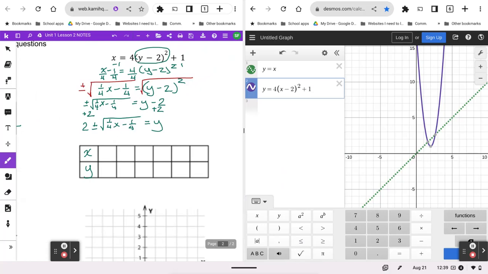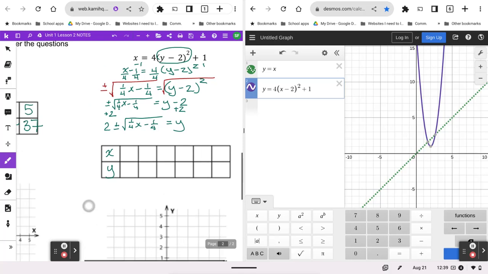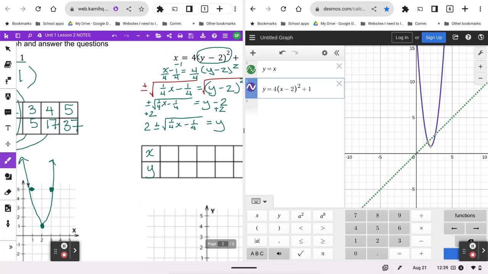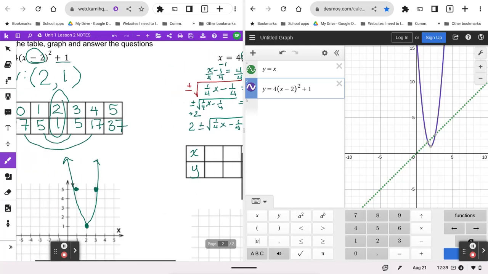But we also know that all we have to do is flip our numbers from the previous one. So we could take all these numbers on your left, and all we have to do is flip them.